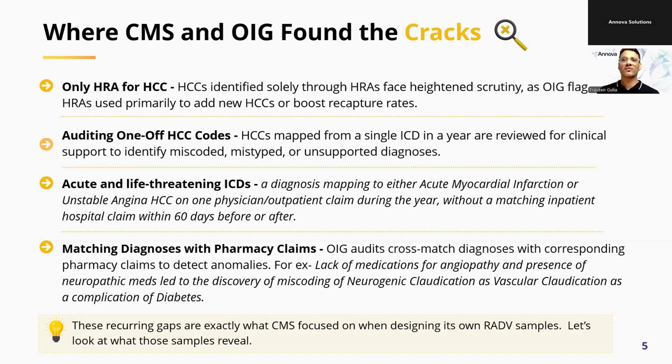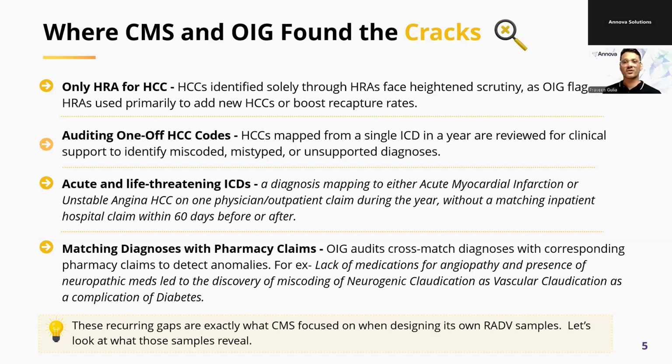That is what they are focusing on. So the idea here is that they are focusing on the single HCCs and categorizing those HCCs into various buckets where they fall. HRA is one big area that they are looking at.